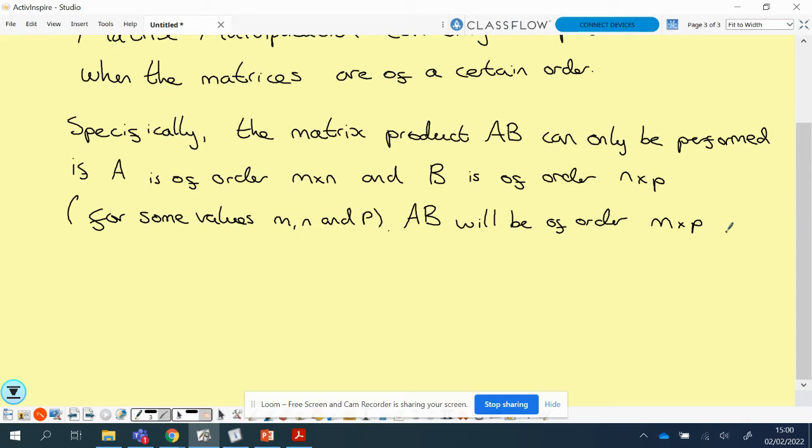So just to formulate that, if I've got m times n, and I'm multiplying that by n times p, then as long as these two match, you end up with a size m times p. As long as the ones on the inside match, you end up with a matrix with the other values.